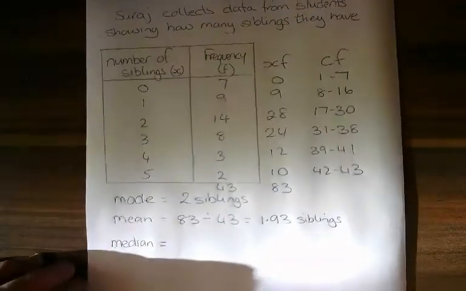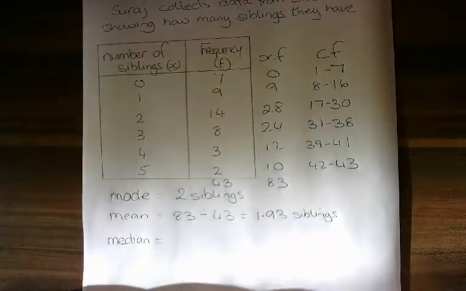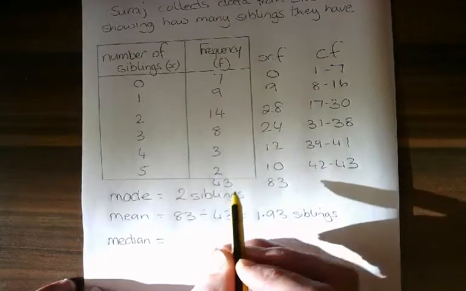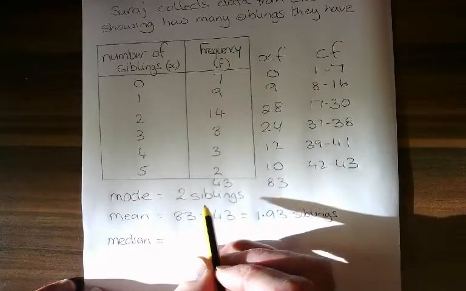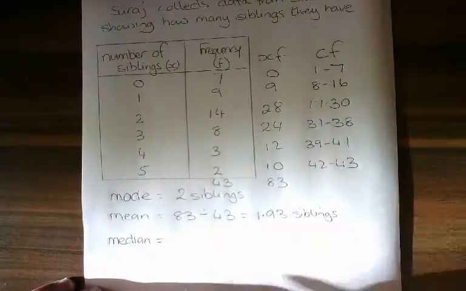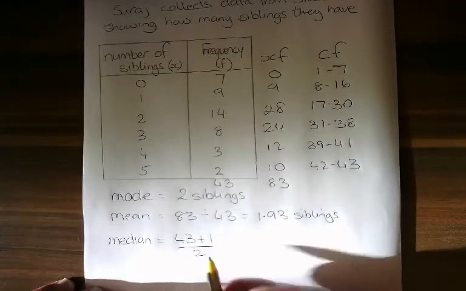So what I need to do now is find out what position in the list the median would be. To do this, we take the total frequency, add 1, and divide by 2, which will tell me the position of the median. For this instance, my total frequency is 43, so 43 plus 1 divided by 2.